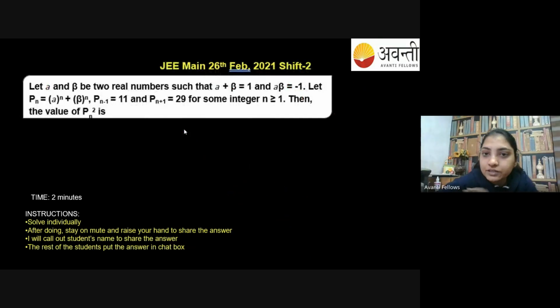So can you see the next question? I will give you 2 minutes to implement this. Just look at what formula I need to recall. Will it be a case of a direct question or will it be a case of Newton's formula?